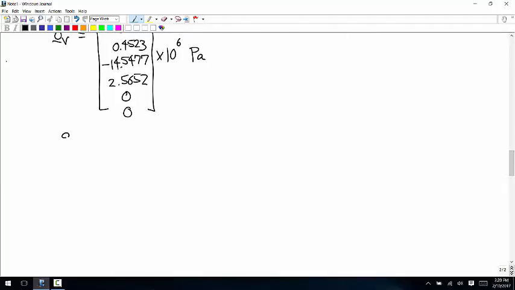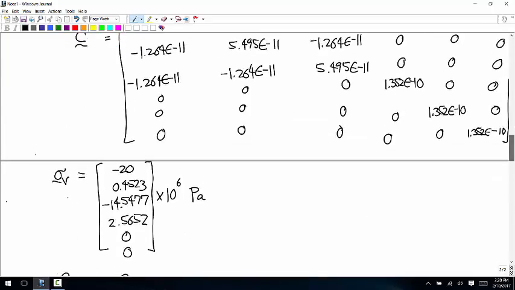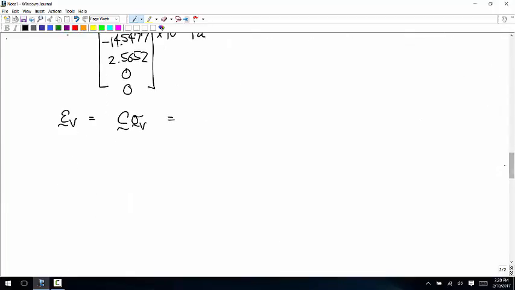So then the strain, the Voigt strain, is the compliance matrix times the Voigt stress. Can someone calculate that? So you're just going to multiply that compliance matrix to this vector. Yep. Oh, negative.